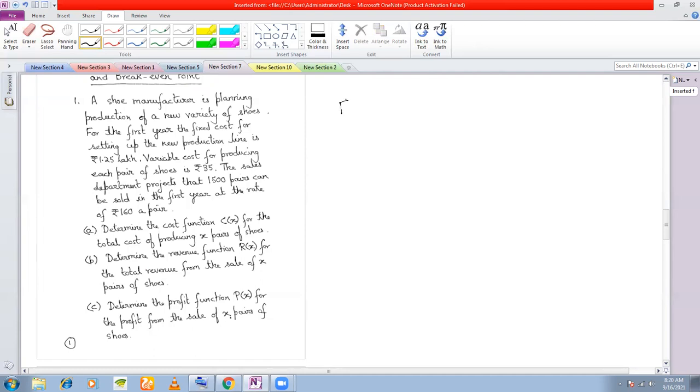Given here is fixed cost F equal to rupees 1.25 lakhs, which can also be written in rupees in this manner, right? And what is the variable cost given? Variable cost is given to be 35 per unit. Variable cost is equal to rupees 35 per unit.